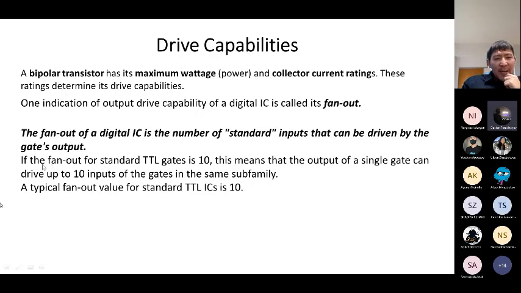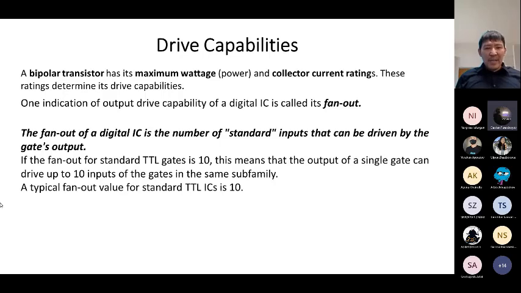For example, if the fan out for standard TTL gates is 10, say we have some TTL gate, it may be an inverter, and we say its fan out is 10. This means that the output of a single gate can drive up to 10 inputs of gates in the same subfamily. What does it mean?